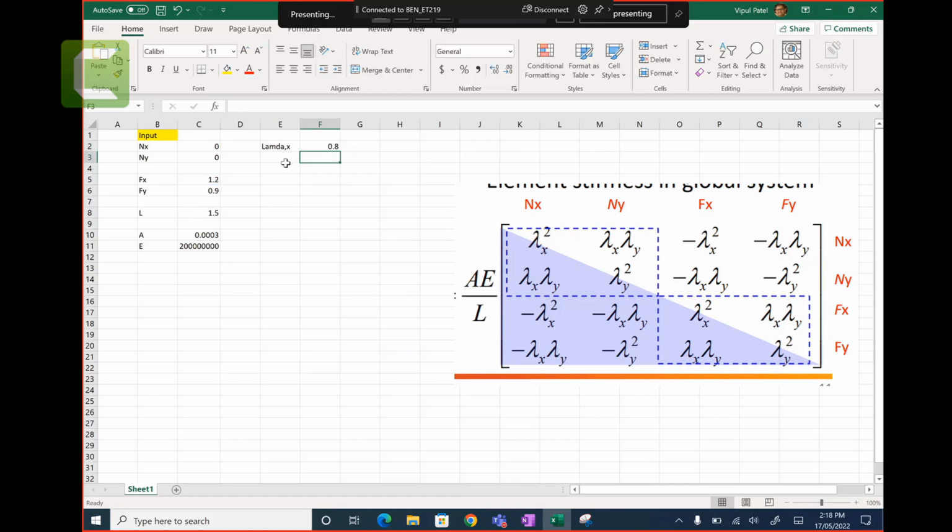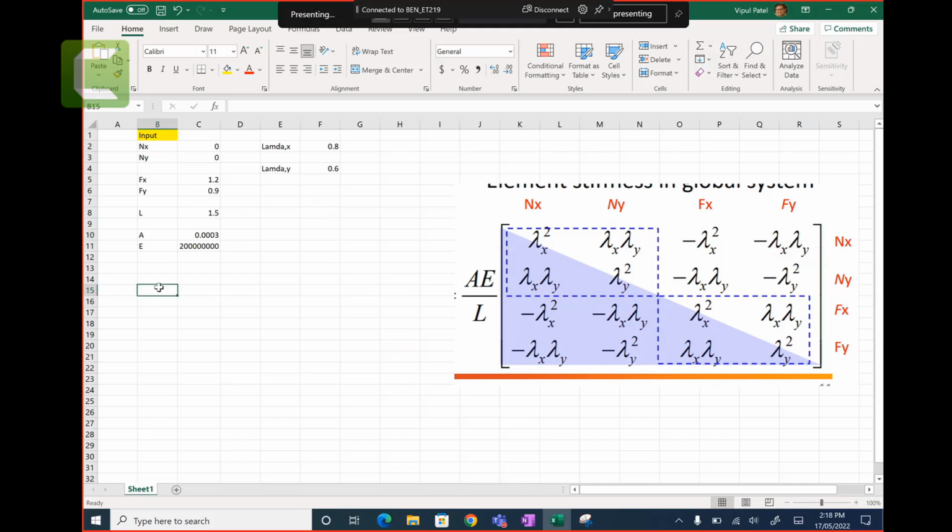Enter. Lambda y, you get fy, take away ny, divided by length. Enter. So far so good.